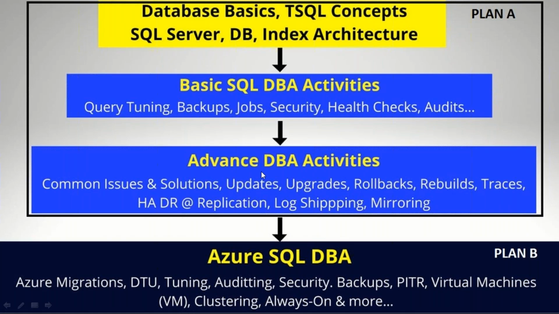Then we have the next module, advanced DBA activities: common errors and solutions, updates, upgrades, rebuilds, trace activities, high availability, disaster recovery, HADR. High availability means ensuring the database is available 24/7, just like an inverter at our house.